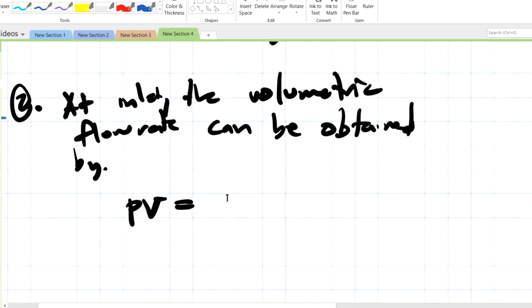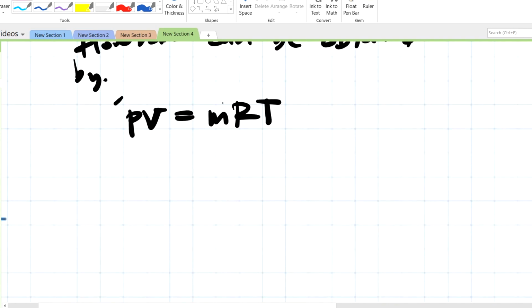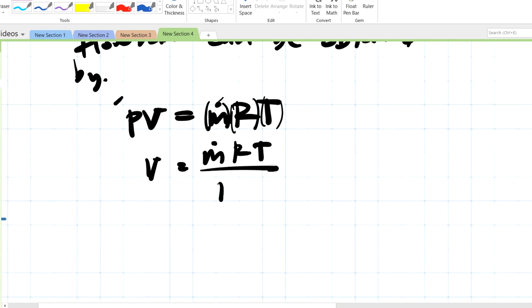PV is equal to mRT. Since we have pressure already, pressure is given, mass is given, but in terms of flow rate, we use m dot, that means it is in terms of flow rate, and there's a value for R, and the T is also given, so therefore this can be solved directly. So V dot is m dot R T all over P.